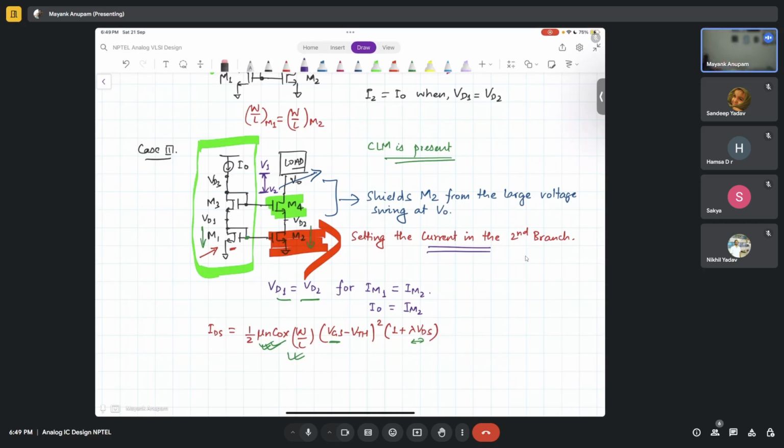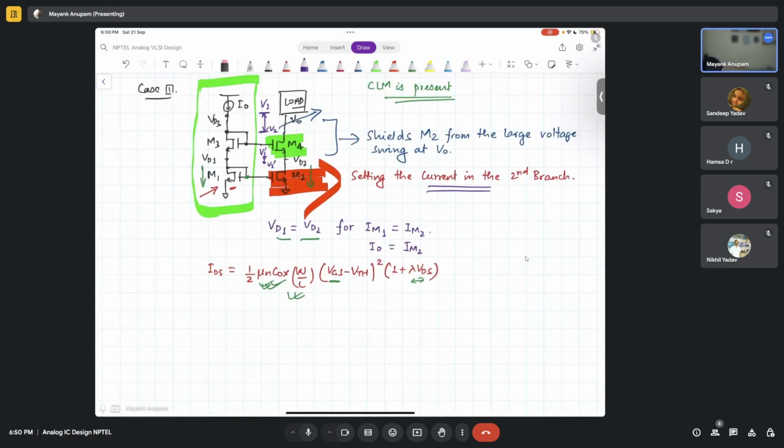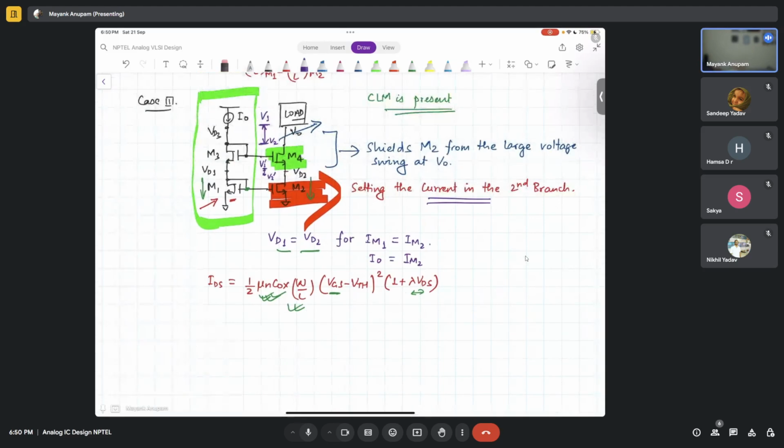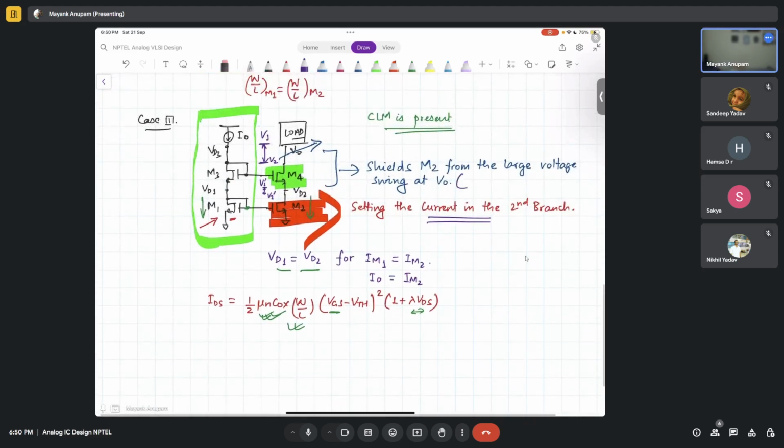And because of this M4, VD2 will change between only small levels. The level change will be very small. So this will be, let's say, V1 prime, V2 prime. So V1 prime minus V2 prime will be much smaller compared to V1 minus V2.